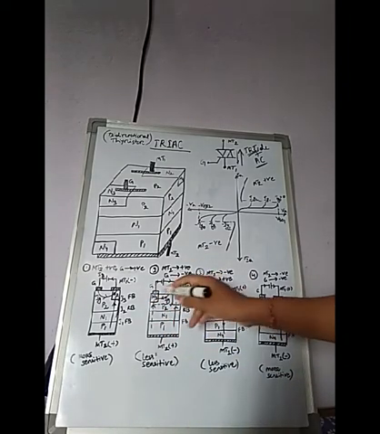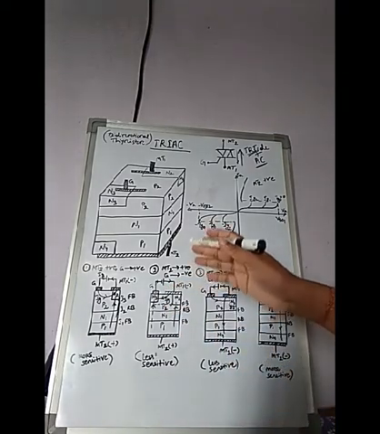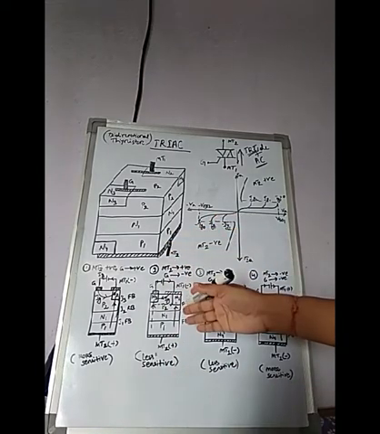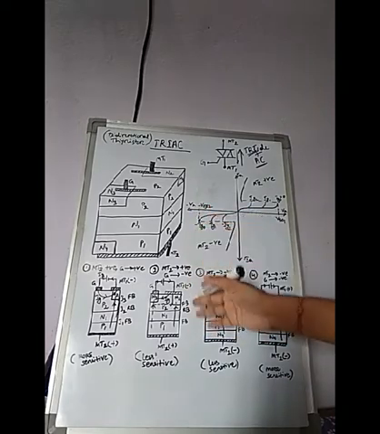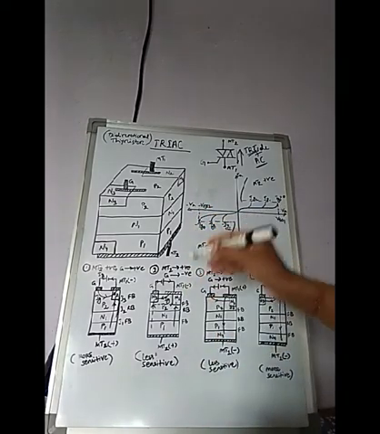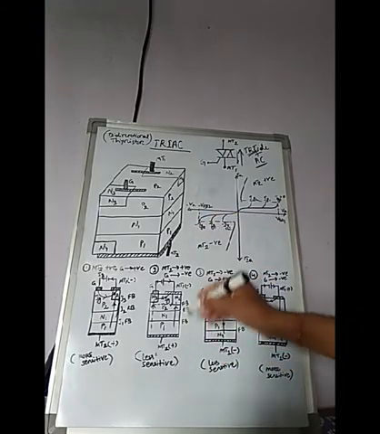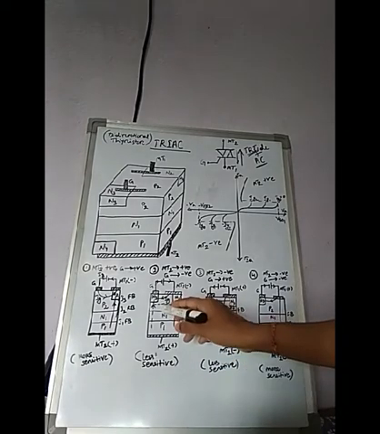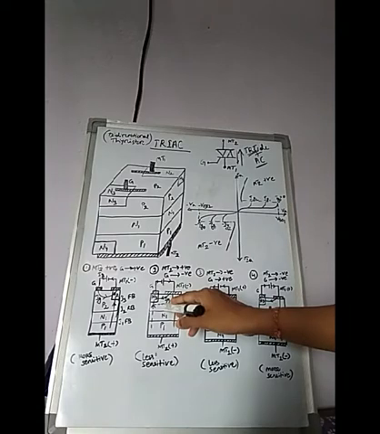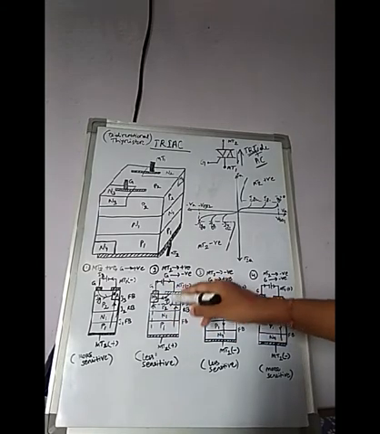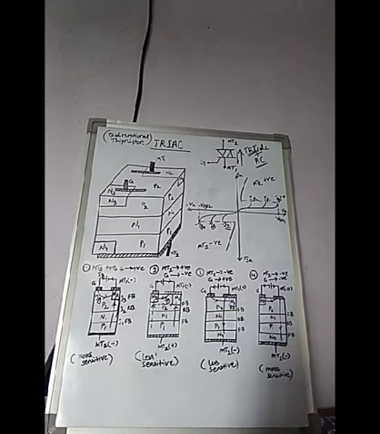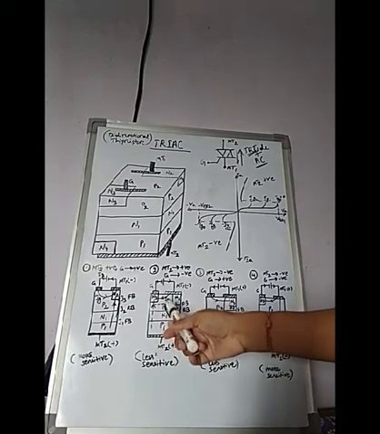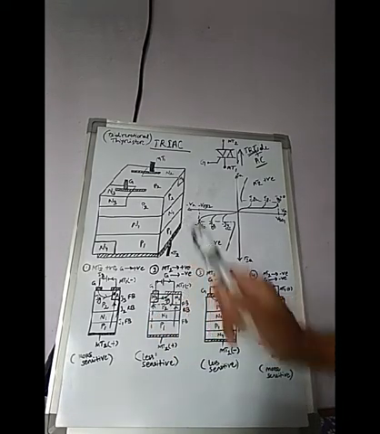Now here in this P2 layer, some potential gradient exists, and due to the existence of this potential gradient across the P2 layer, a current is now established from the left hand side to the right hand side region.